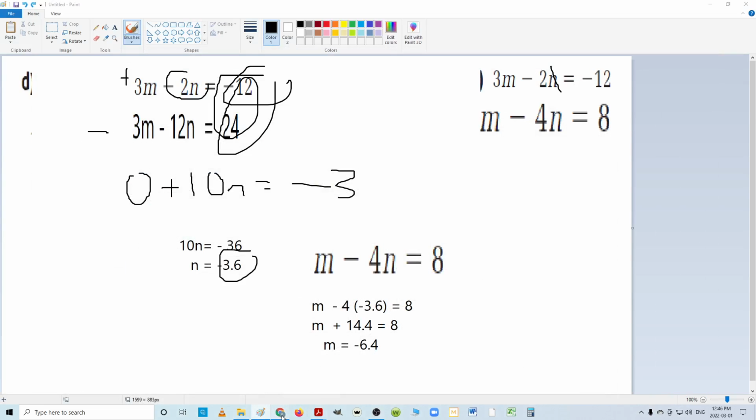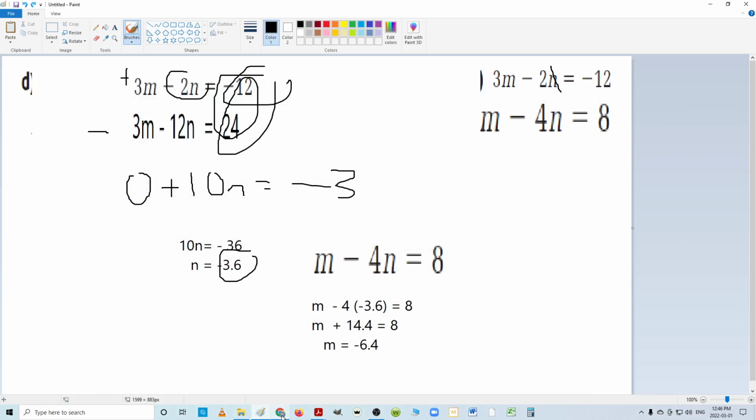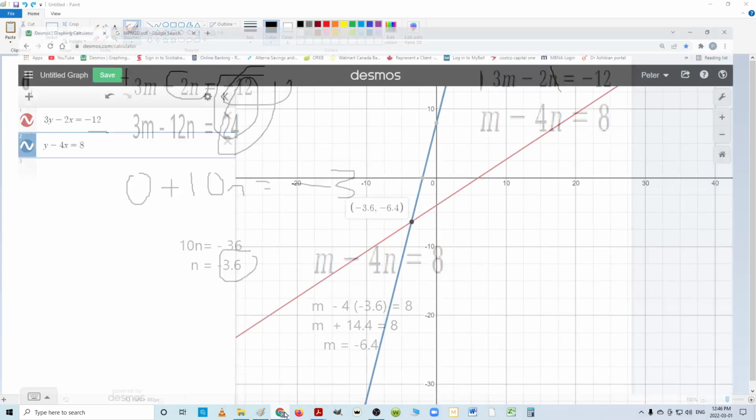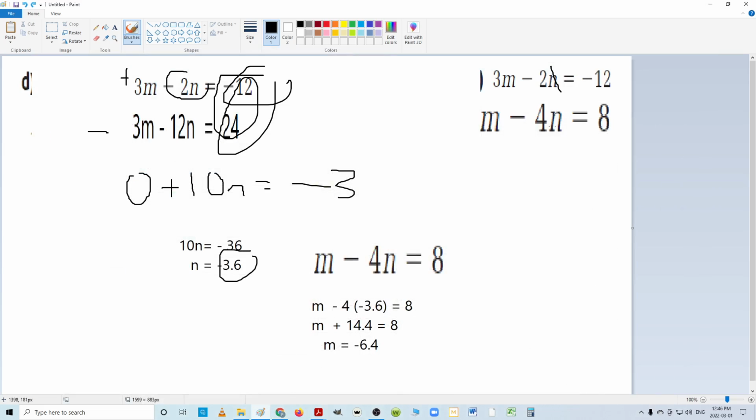Yeah. Now, where it meets, did I make my n's x's? Yes, I did. Where it meets will be minus 3.6 x and minus 6.4 y. Okay, did I get it right? Minus 3.6 x minus 6.4 y, because I put x where I saw n and y where I saw m.